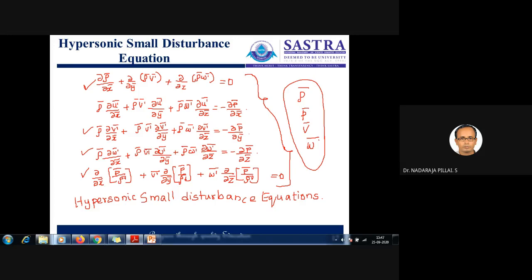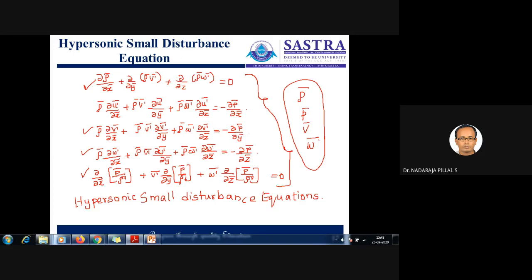The small disturbance equations for subsonic and supersonic flow are quite linear and lead to a straightforward solution, especially for the cases of slender bodies and small angle of attack. But it is not true for hypersonic flow, because the hypersonic small disturbance equations are a set of coupled nonlinear partial differential equations for which no general analytical solution has been found, right? So we don't have a solution for that.